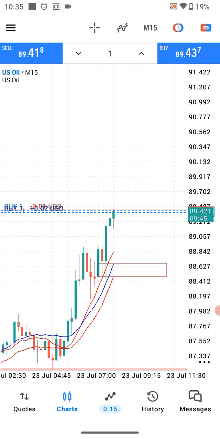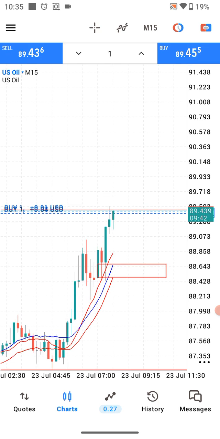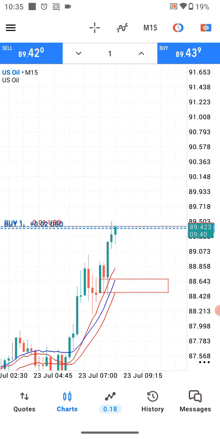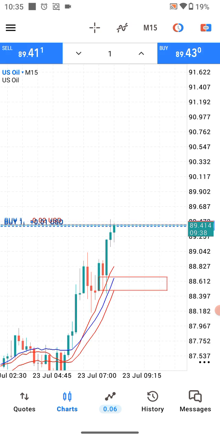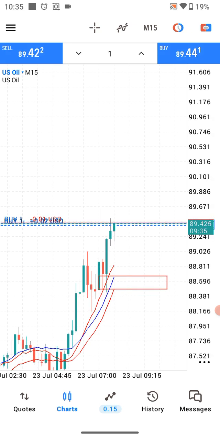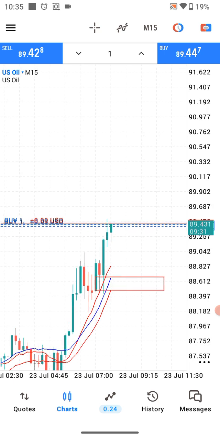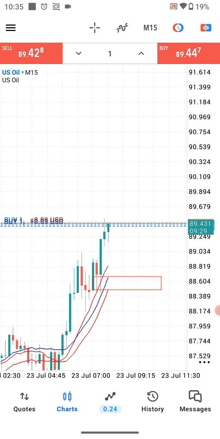US oil is very, very volatile. It mostly will rise in value because it's oil, and oil is always used. When you are thinking of what pair to trade or what strategy to invest in this market, you should start thinking of investing in assets like US oil or metals.